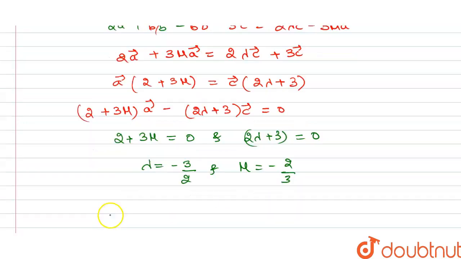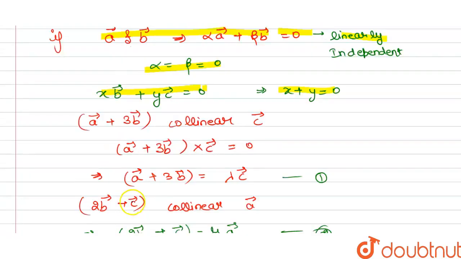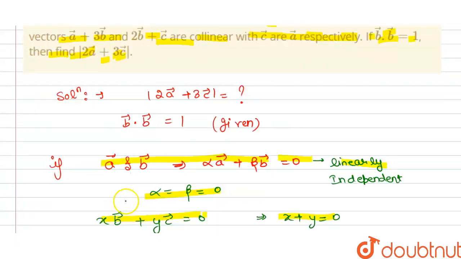So we have to find the magnitude of 2a plus 3c.